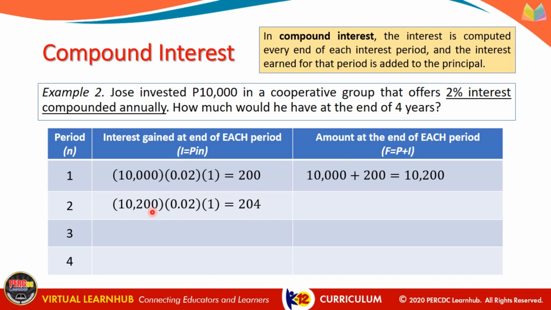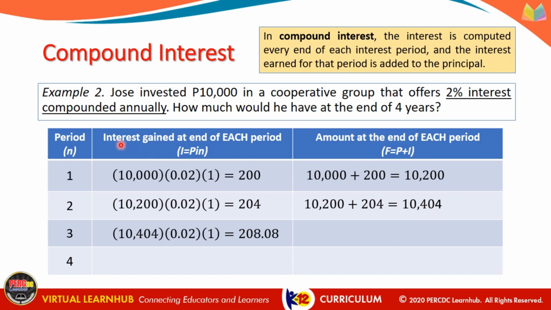Notice that instead of using 10,000 as the principal, we use 10,200, which is the value of the investment at the end of the first year. At the end of the second year, the value of the investment would be 10,200, this is the value at the end of first year, plus the gained interest for second year. That makes it 10,404. Okay?